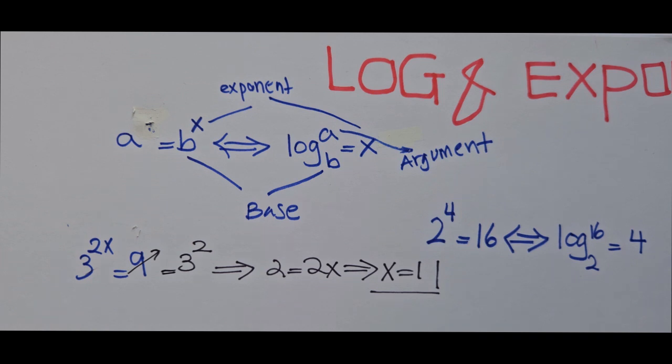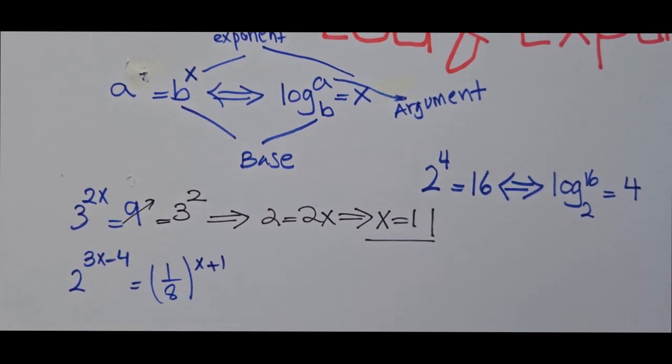Another type of question would be, let's say, 2 to the power 3x minus 4 equals 1/8 to the power x plus 1. This is exactly the same as the previous one, but here you have to expand on the rules. Here 1/8 is 8 to the power negative 1, which is 2 to the power negative 3.